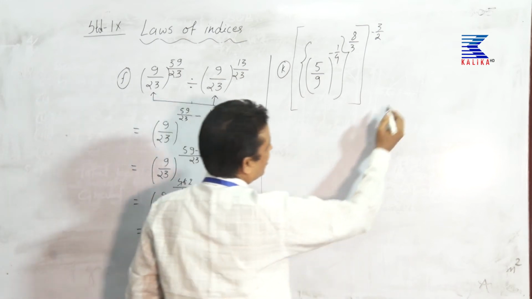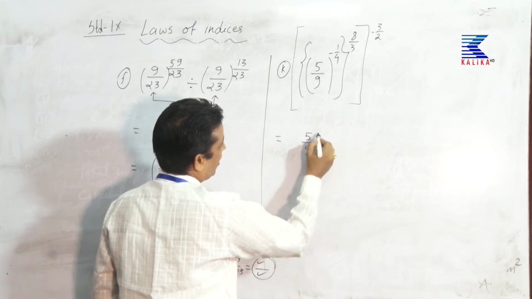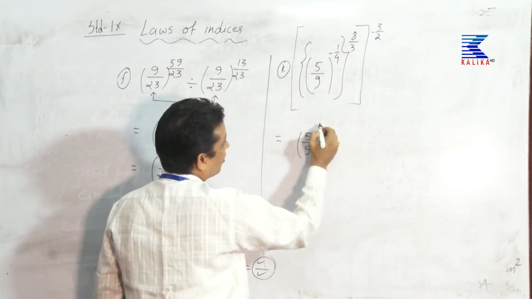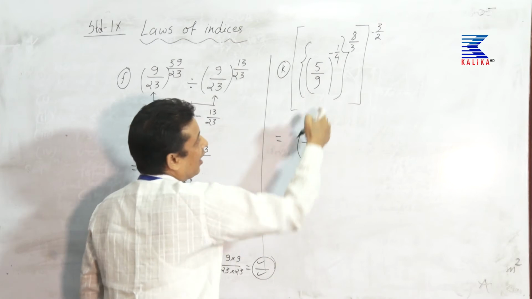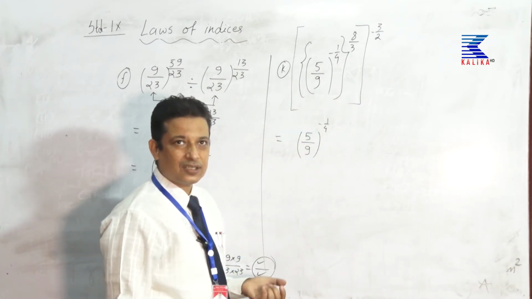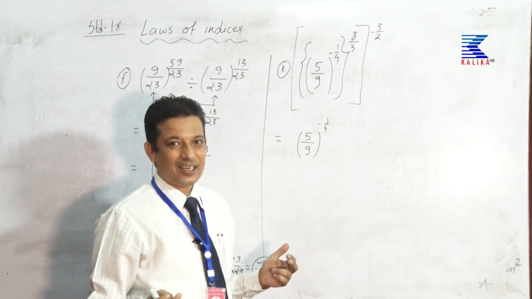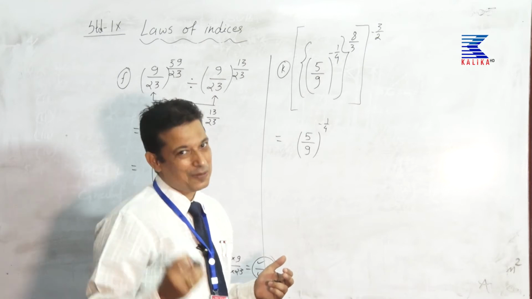Using the laws of indices, here we can write 5 over 9. What is the first power? Minus 1 by 4. And let's remove this curly bracket. You know from the junior classes, when we remove the bracket, which operation comes there? Multiplication comes.